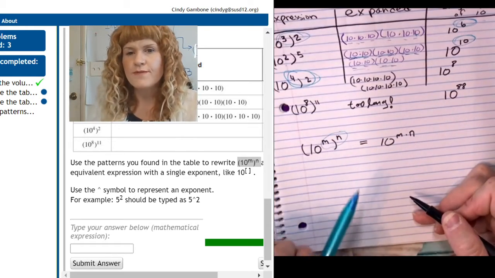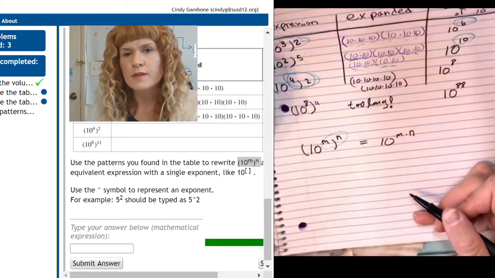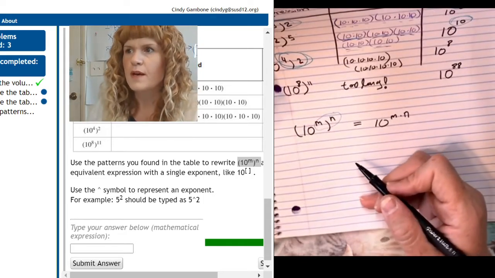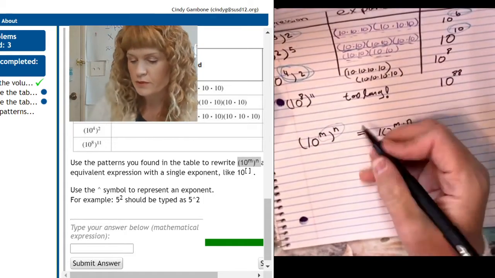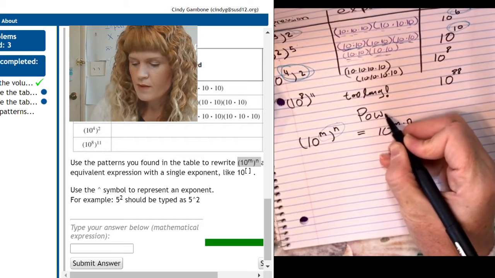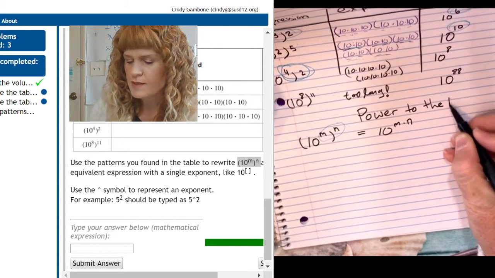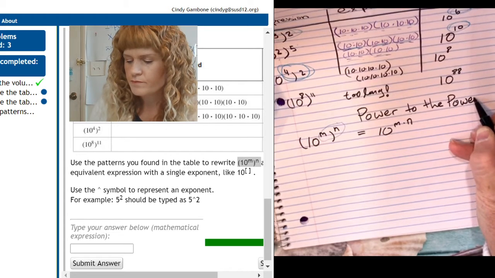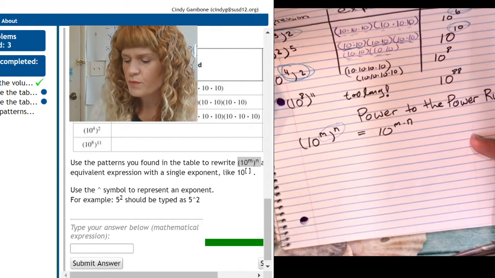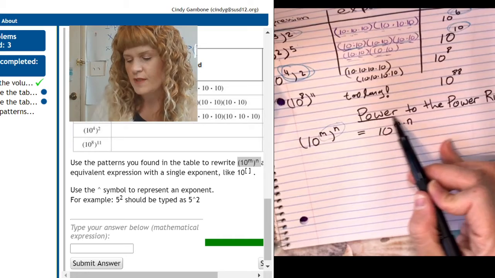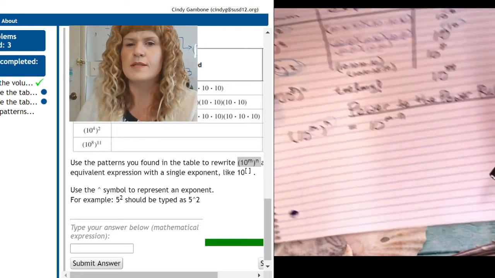And this finding is an important result. This is the name of the power to the power rule. Power to the power. Please write this in your notes. This is an important rule that now we've proved with this table and you need to memorize it.